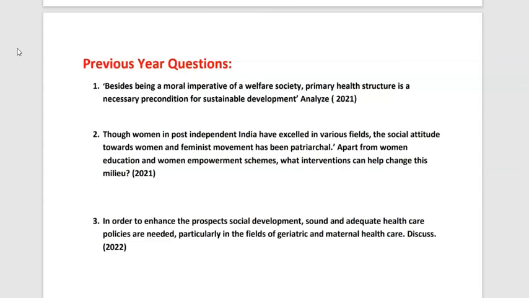In this first question, it talks about analyzing how primary health structure is a necessary precondition for sustainable development.